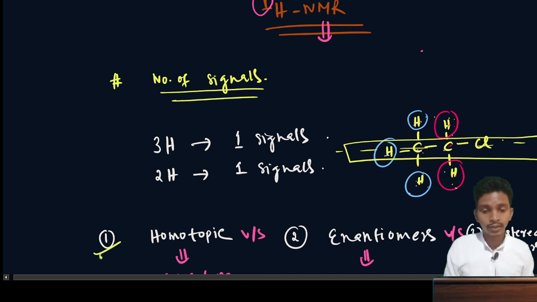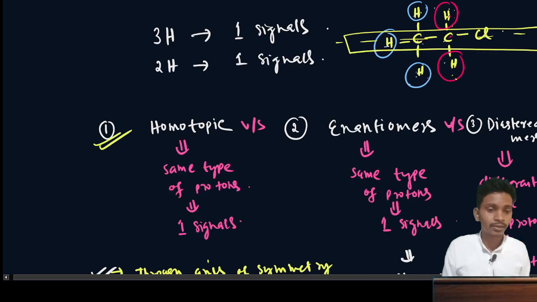This is the theory part. So if you are asked any questions, then we can give the answers like this. But whenever you are calculating whether this is the same signal or different signals, whether it is homotopic, enantiomer or diastereomer, we will look by the help of asymmetric centers. How will we look at that?